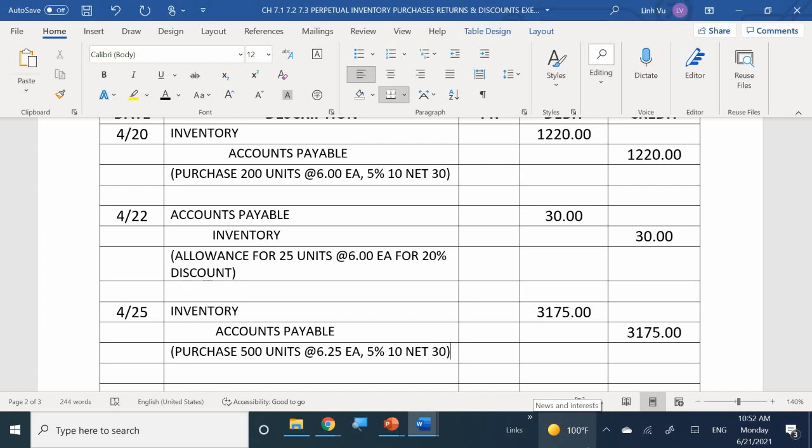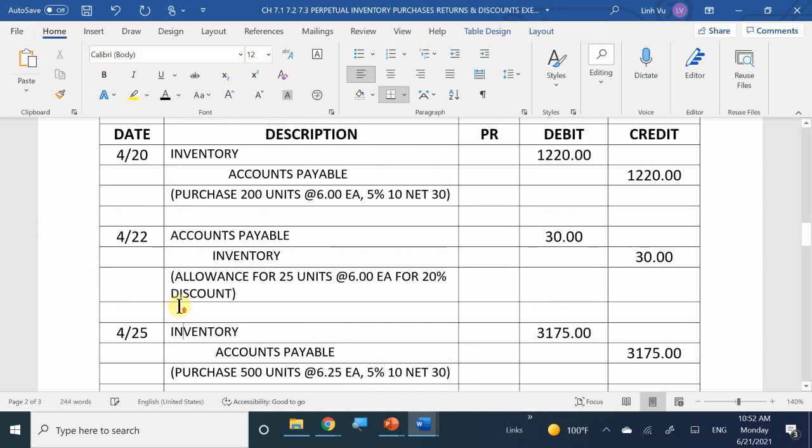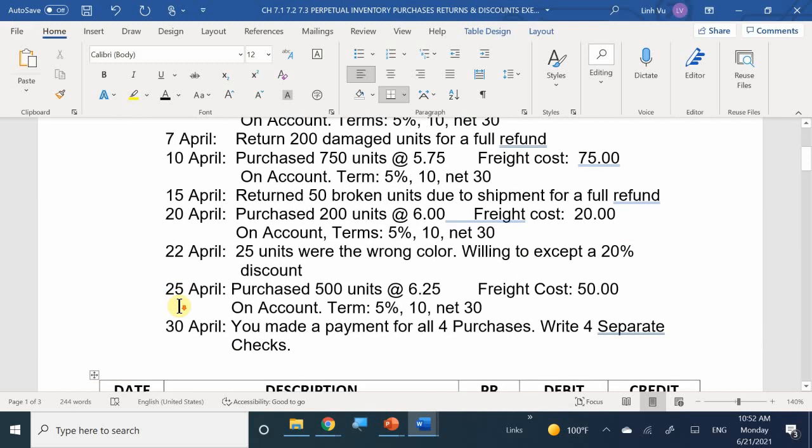All right. Last but not least, on April 30th, we're going to make a payment for all 4 purchases on 4 separate checks. So I'm going to write 4 checks, one for each purchase that I've made.